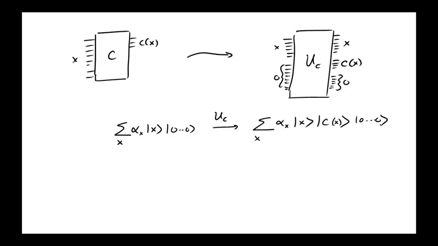You remember the notation: writing |x>|y> is the same thing as writing |x>⊗|y>, and we can also write it as |x,y>. It's all the same. It's just notation for saying you have this many qubits in the state x, these in the state y. It's a tensor product.